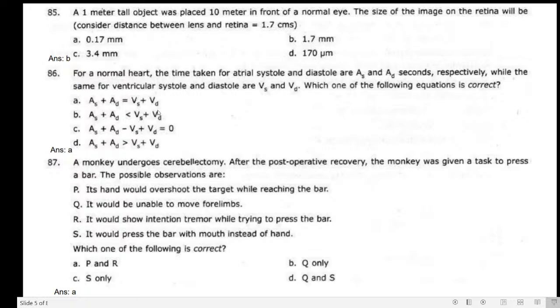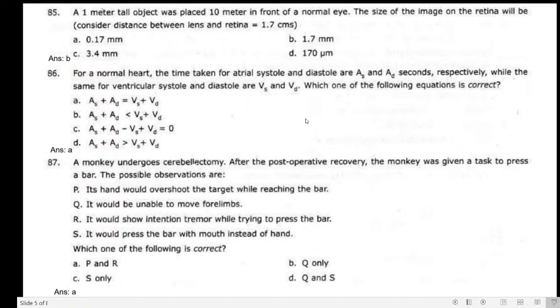Next one: for a normal heart, the times taken for atrial systole and diastole are AS and AD seconds, where AS is the systole and AD is the diastole, while the same for ventricular systole and diastole are VS and VD.